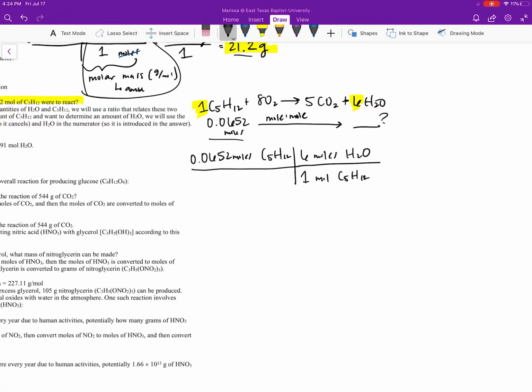And so in this case, I'm going to take 0.0652 times 6 and get 0.391 moles of water. So the mole-to-mole ratio that I needed is right here.